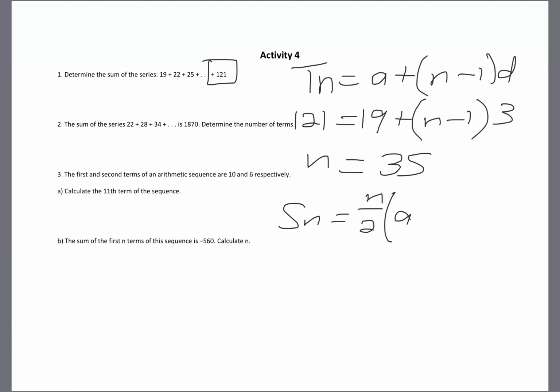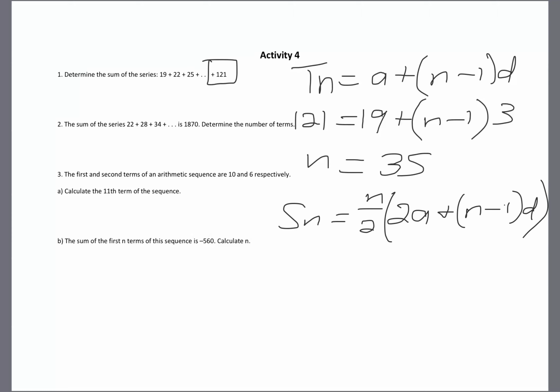So Sn is equal to n over 2, 2a plus n minus 1 d, right?